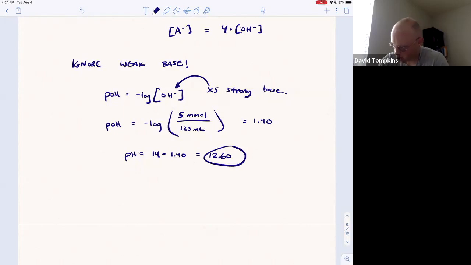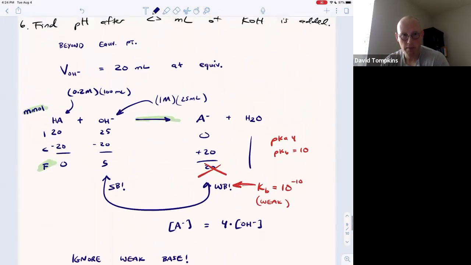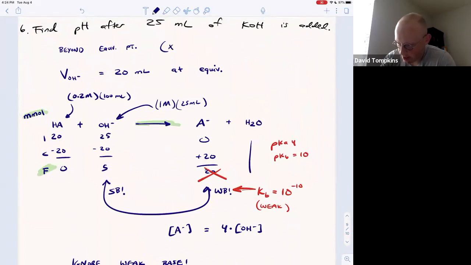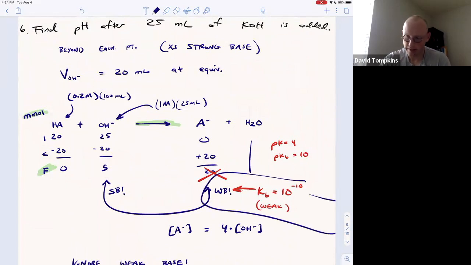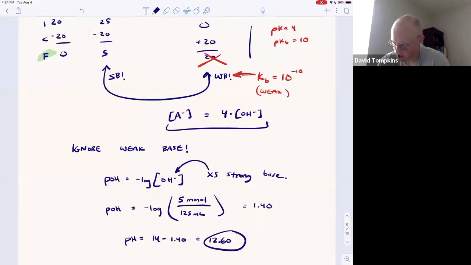Okay, so beyond the equivalence point, that problem is now just excess strong base. We do the same titration reaction here to figure out that final amount of strong base. And it overrides the weak base that is also present, even though the weak base is more concentrated. This doesn't matter.